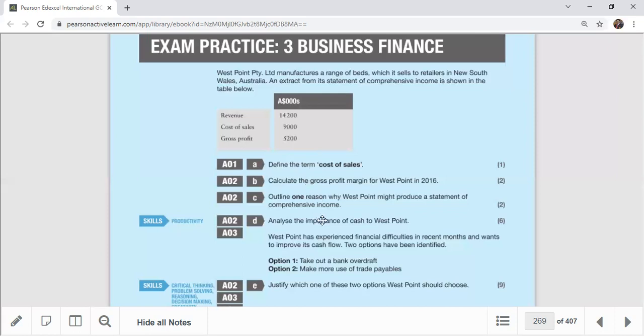Another importance of cash is that if they have the money, they can settle their short-term obligations, short-term liabilities, such as paying their suppliers of beds, and they can settle wages, electricity bills, telephone bills, and utility bills with the cash. Therefore, cash is important for the West Point manufacturers in order to smoothly run their manufacturing functions. Like that, always give 2 reasons and 2 applications.